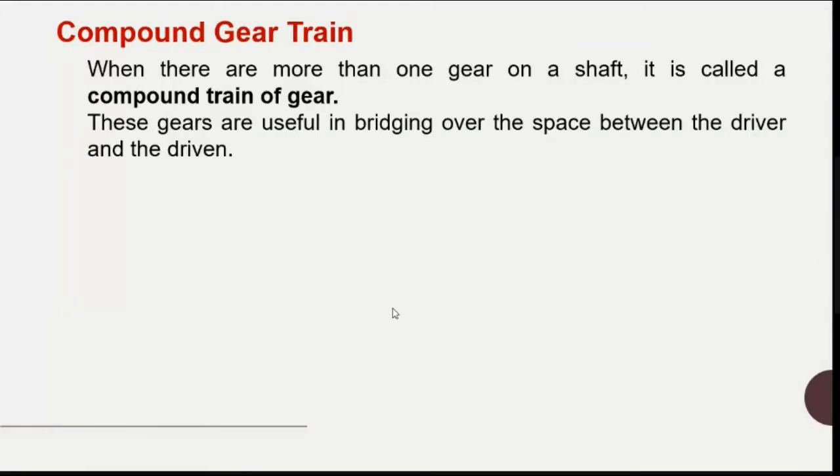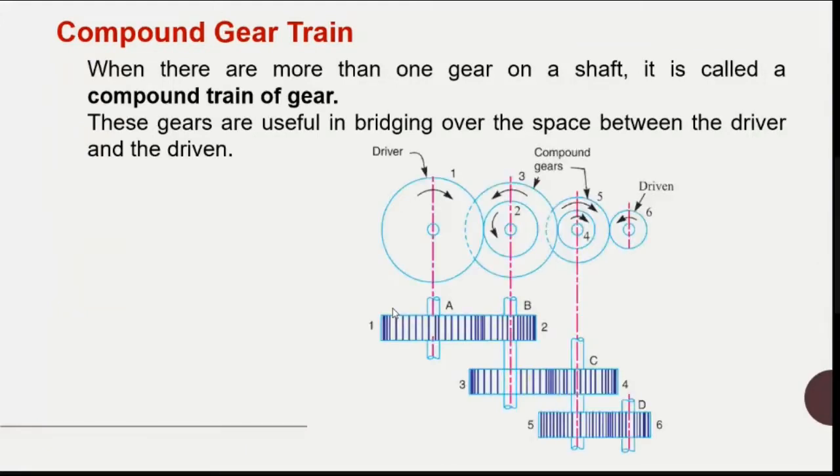Okay? So let me consider this example. You can see here there are sets of gears arranged. Gear one is here, meshing with gear two, and the shaft is the same. This shaft has two gears, so it also has gear three.